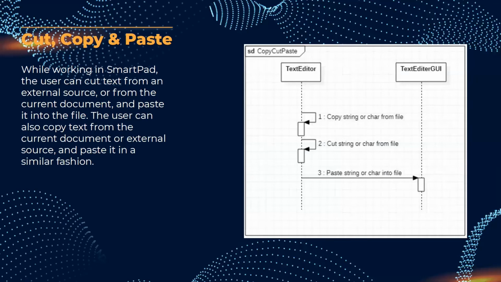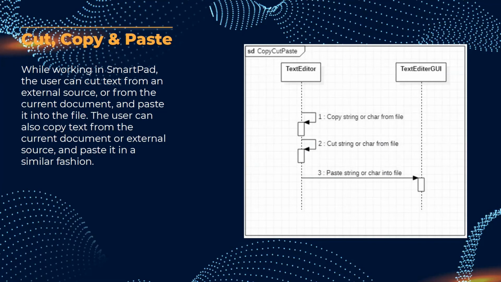While working in SmartPad, the user can cut text from an external source or from the current document and paste into the file. The user can also copy text from the current document or external source and paste it in a similar fashion. And in the diagram, we see the user is copying a string or a character from the file into the file.